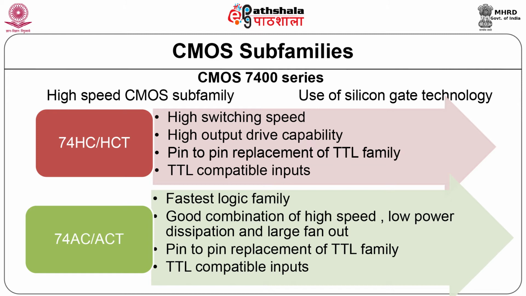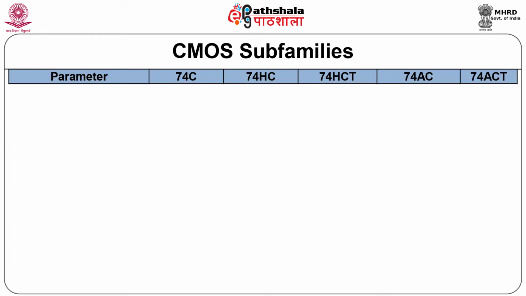The characteristic parameters of 74C series CMOS are more or less the same as that of the 4000 series devices. The characteristic parameters of 74C, 74HC, 74HCT, 74AC and 74ACT series CMOS are summarized as follows.